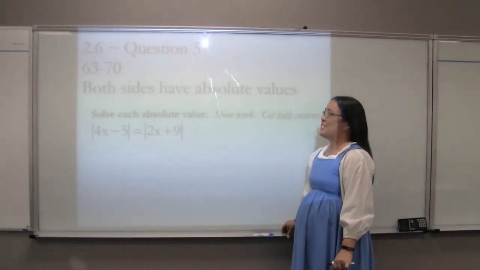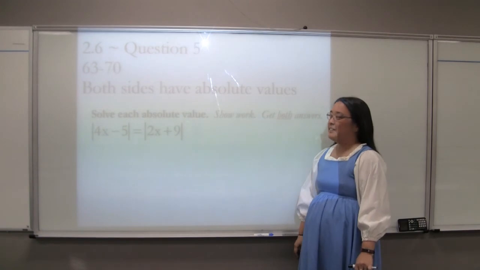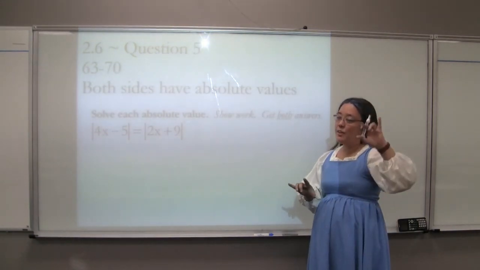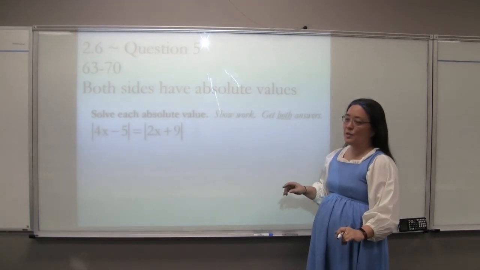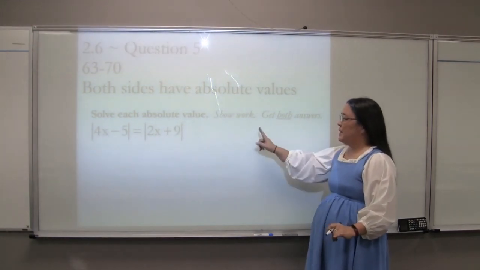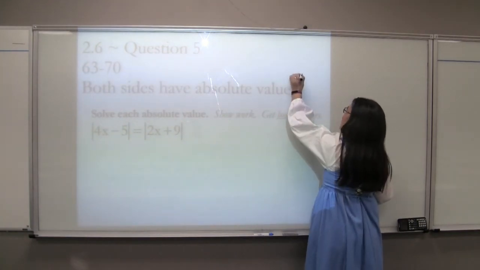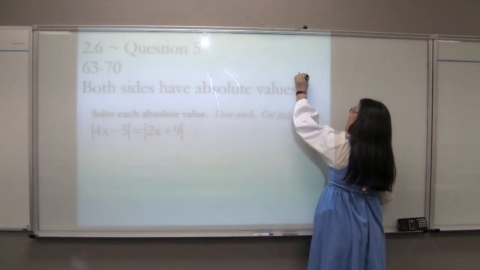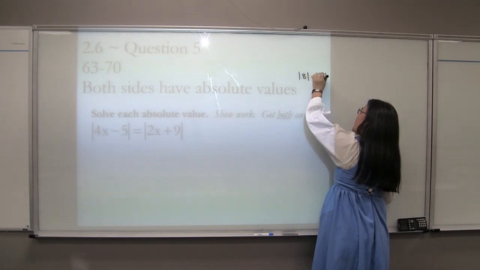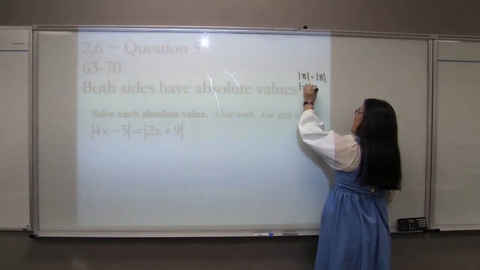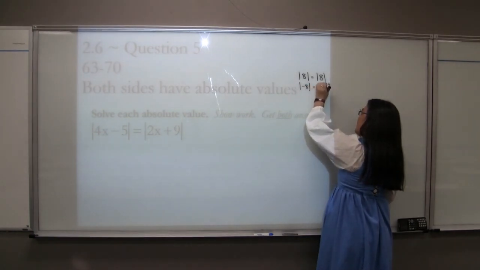Chapter 2, Section 6, Question 5. Now I'll tell you that sometimes I don't have room for this. I believe on the test, question 5 gets moved up with questions 1 and 2 just to have enough room. So here, I have an absolute value equal to another absolute value. So I could have a +8 equals a +8 inside of absolute values. I could have a -8 and a +8.